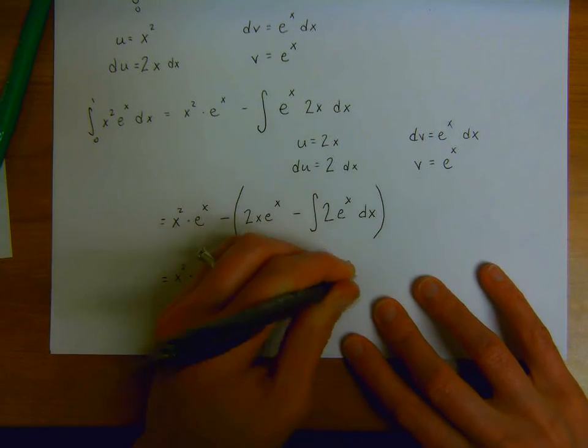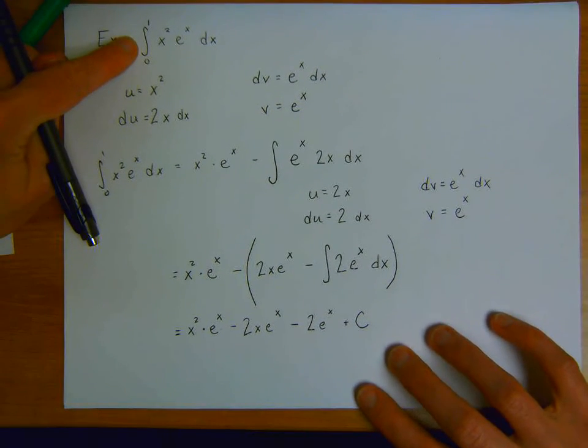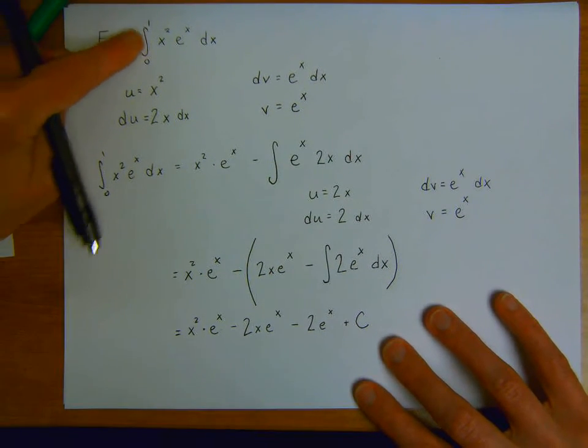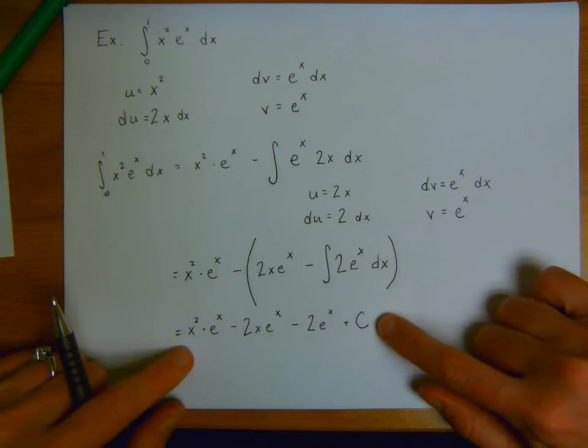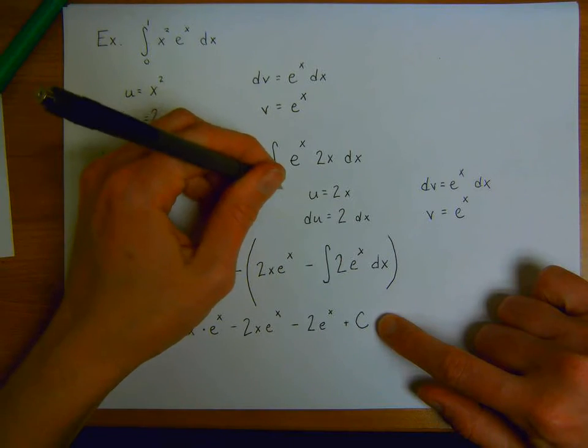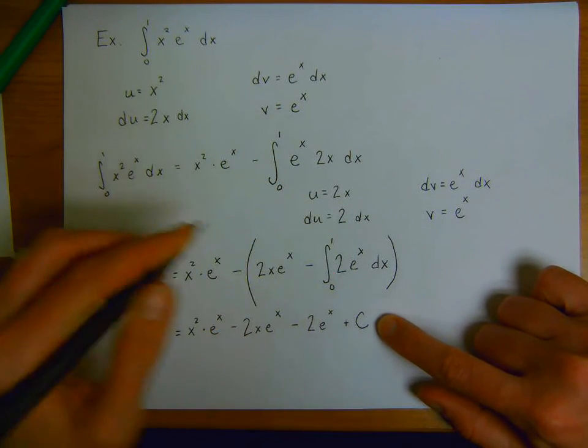Oh, but wait. Notice this was an example where I had definite bounds. So throughout this entire example, I need to make sure that I keep track of my bounds. For me personally, sometimes you can look and do it at the very end, that these integrals should be going from 0 to 1.